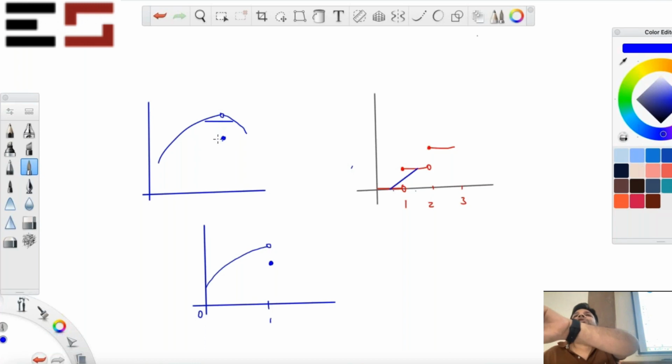What is the contrapositive of this? If the function is discontinuous and defined on an open interval, then it cannot be concave. So any discontinuous function cannot be concave, provided it is defined on an open interval or real line. Is that fine?